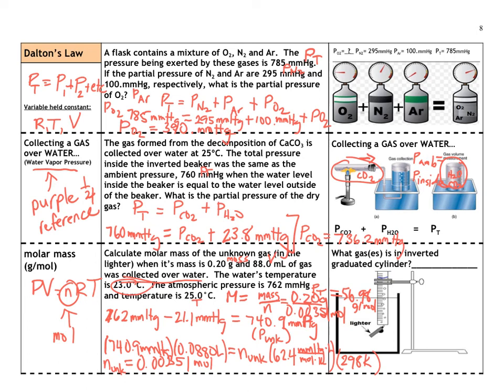Now, let's look at the model to help us understand conceptually what is going on. If you look at the model, you're taking an unknown gas that's in the lighter and you're bubbling it into an inverted graduated cylinder. It starts off full of water, no gas. As you collect the gas into this inverted graduated cylinder, that gas will displace the water that was in here.